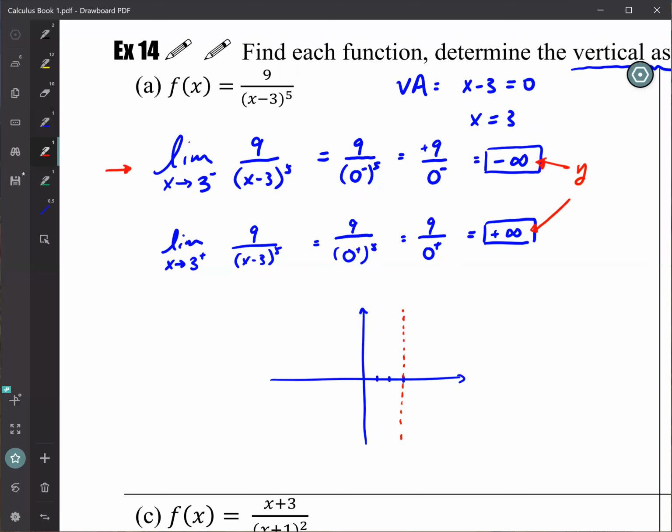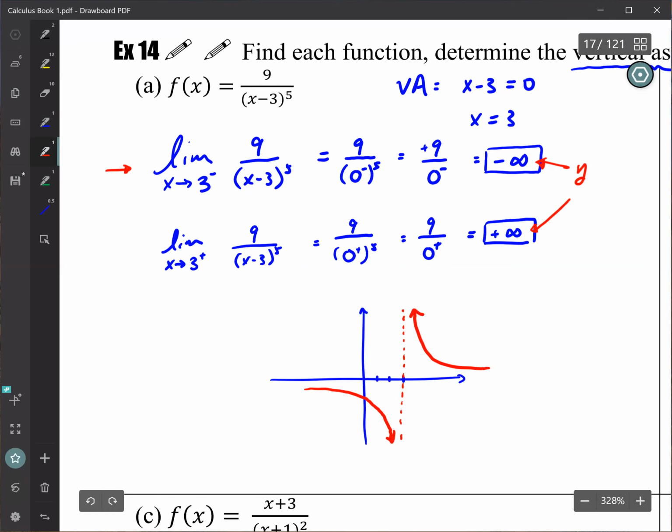Because you sub in the x. So coming from the left, it will go negative, very big, right? So that means it goes down, because y is up and down. So it'll be going this way. So coming from the left side, it'll go down. And then from the right side, it'll go up, right?